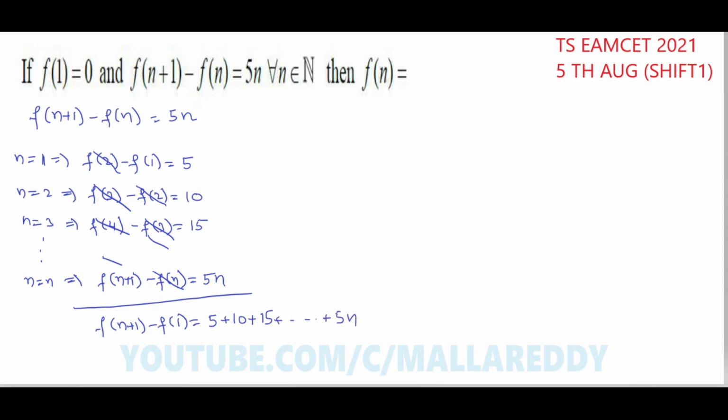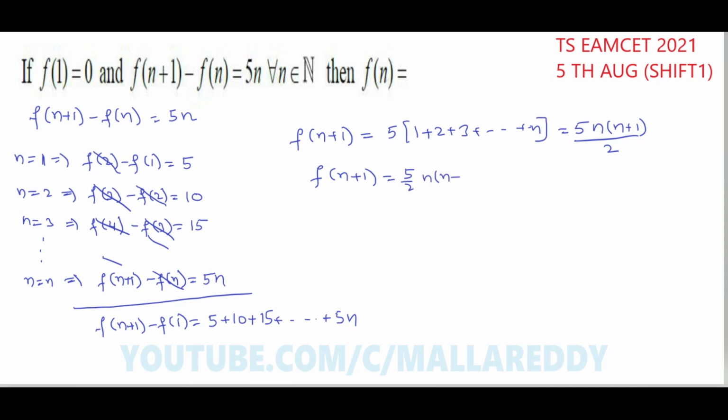Here f(1) is 0, so f(n+1) = 5(1 + 2 + 3 + ... + n) = 5 × n(n+1)/2. So f(n+1) = (5/2) n(n+1).